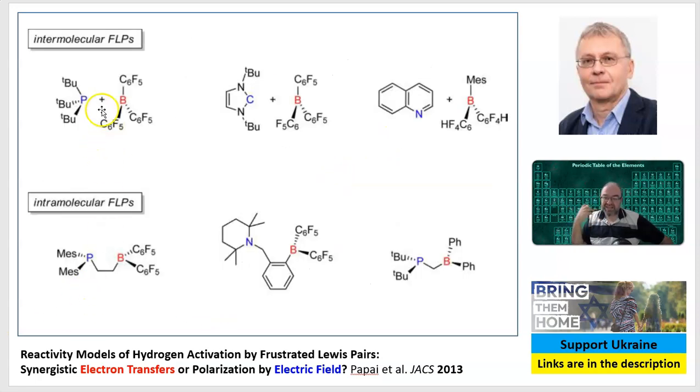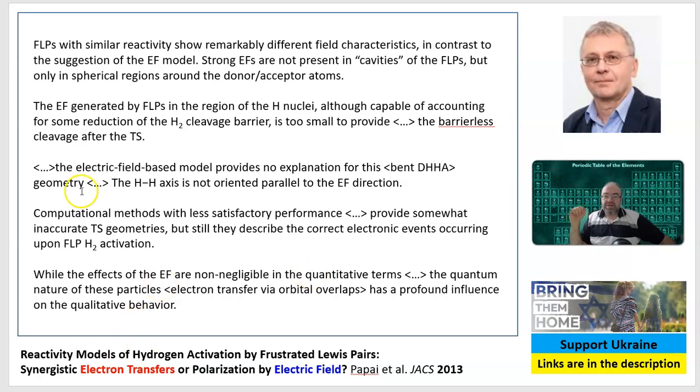So he studied 6 systems, including bridge systems, even this small bridge system, all of which result in hydrogen splitting, intermolecular and intramolecular. And let's read some of the conclusions. It's a very big paper, a lot of theoretical calculations, a lot of theoretical models, but that's the bottom line.